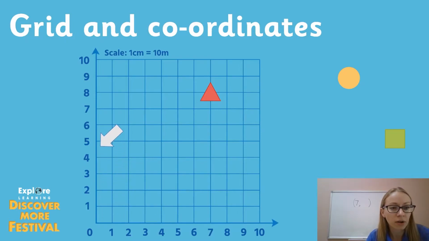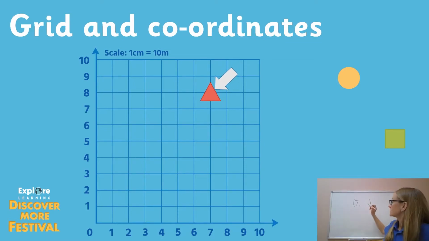We go all the way up and we stop at the line there, which indicates where the triangle is located. That was the number 8. So that is our y coordinate. So for our triangle, we have coordinate 7, 8.